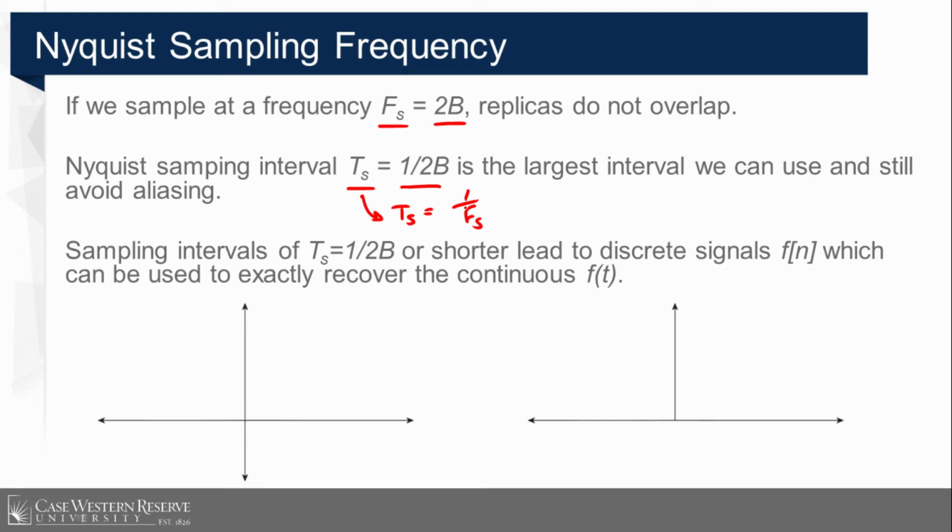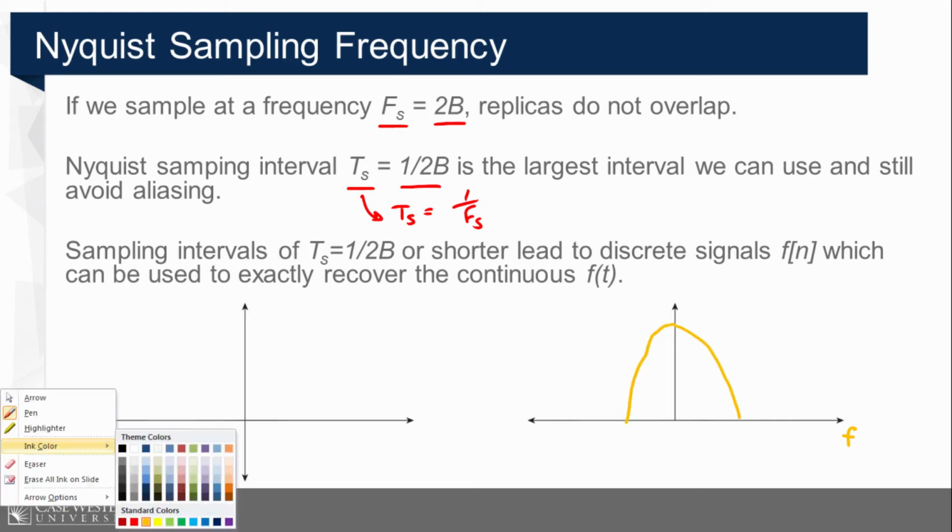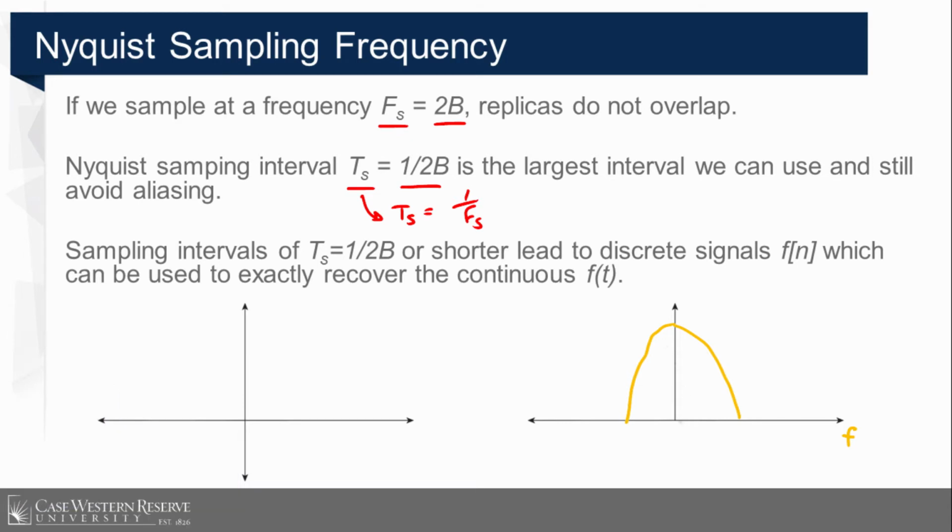All right, so let's take a look at exactly what the sampling interval is again. This time we're going to start in the frequency domain here. We imagine we have the spectrum of our continuous time signal, and the spectrum has a bandwidth of b, so it extends to b in the positive direction and minus b in the negative direction.